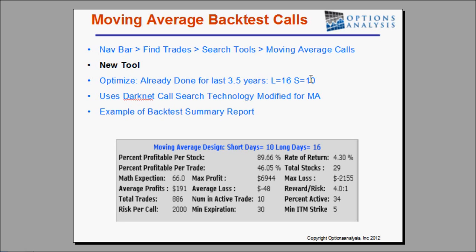And that's why there's a reward to risk ratio of 4-to-1 with the call options trading. That's because on average you pick up all the good trends and collect a decent amount of cash, whereas you don't suffer large losses. It pretty much will get out of the trade early before any of your major losses can happen. But it will pick up on the longer trends.